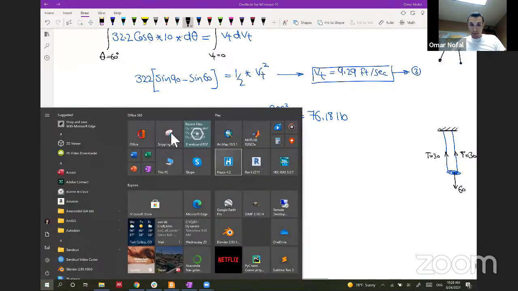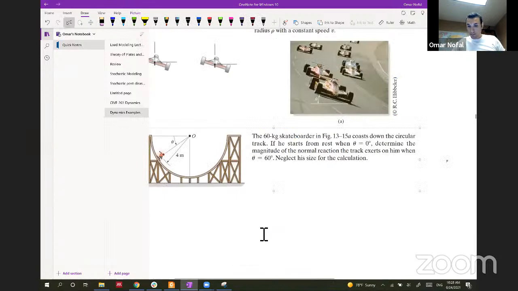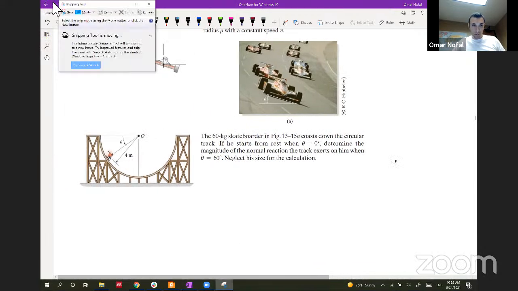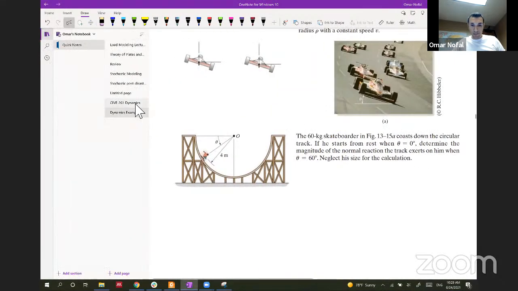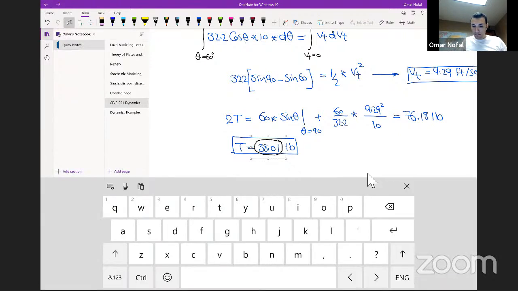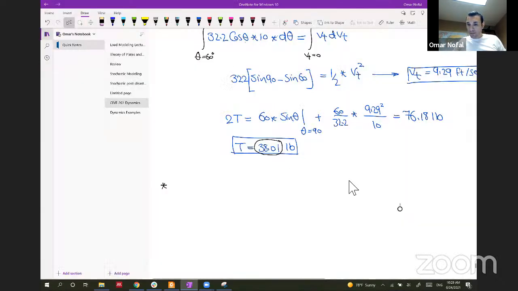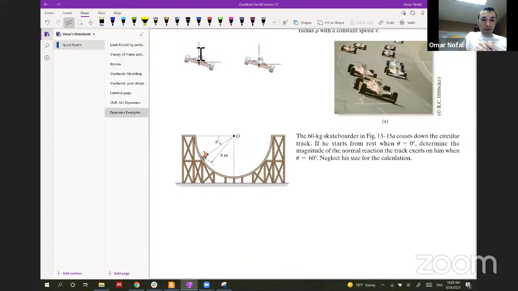So if we, this will take us forever to copy and paste. How about solving this problem in this sheet?